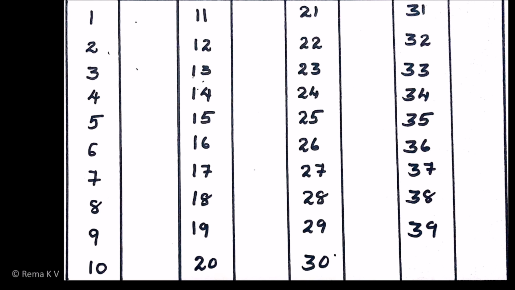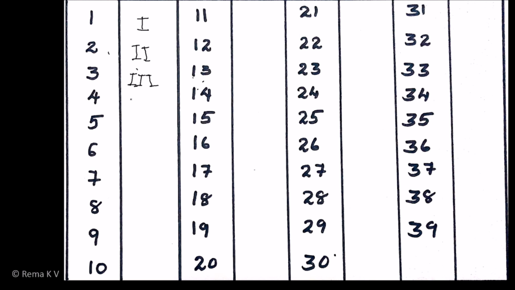The symbol is I. So 2 is 1 and 1, so we are repeating this I twice. For 3, I is repeated thrice. Okay, 3 I's. Then 4, we cannot repeat this I more than 3 times.